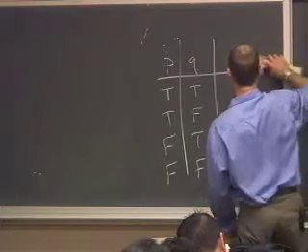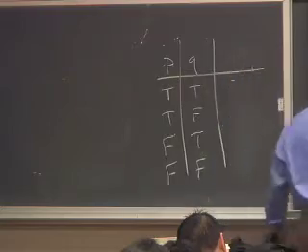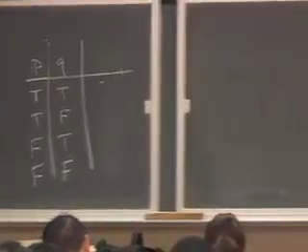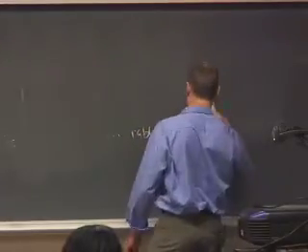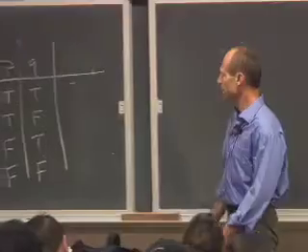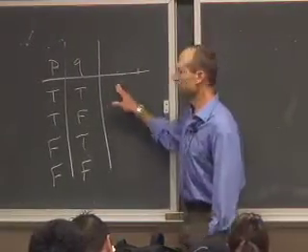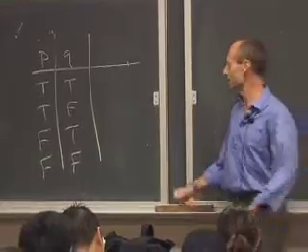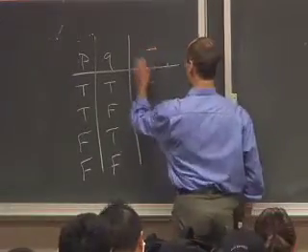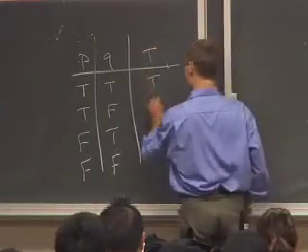Let's have somebody come up with what we want the right-hand side to look like, and then we'll try to come up with an expression that gives us that. All true? Well, that's easy. That's just the function that returns true.